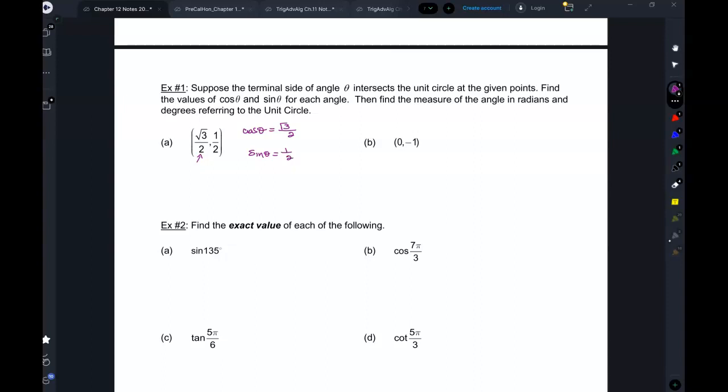So then it says, find the measure of the angle in radians and degrees, referring to the unit circle. So basically, let's see if we can do this kind of blindly. I'm going to go over positive √3/2 and up 1/2. How many degrees is that going to be? 30 degrees, which is pi over 6. Okay?